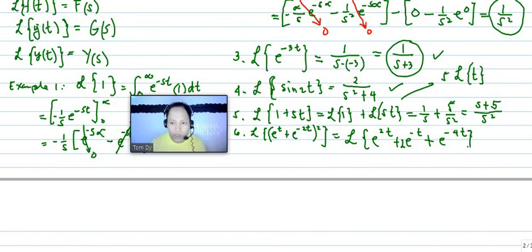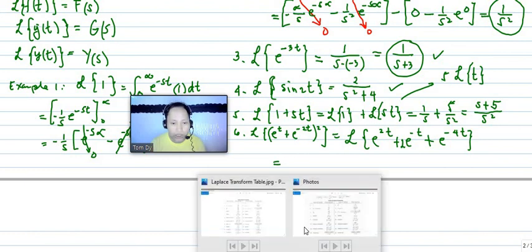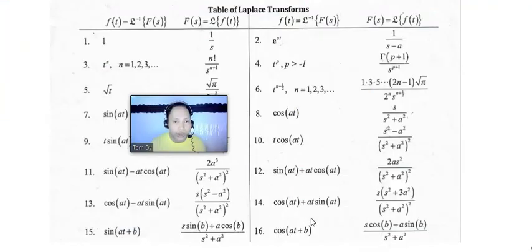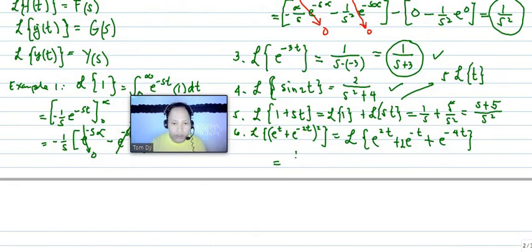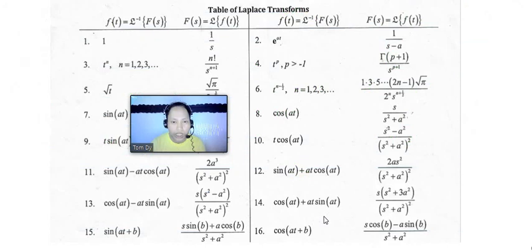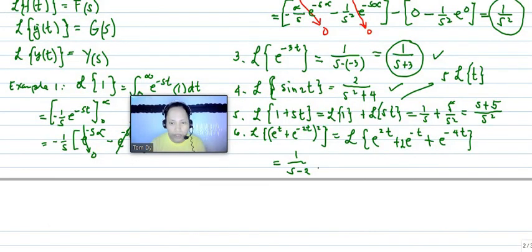Okay, so when we take the Laplace transform of e raised to 2t, we look at our table: e raised to at is 1 over s minus a. So 1 over s minus a, where our a here is 2.